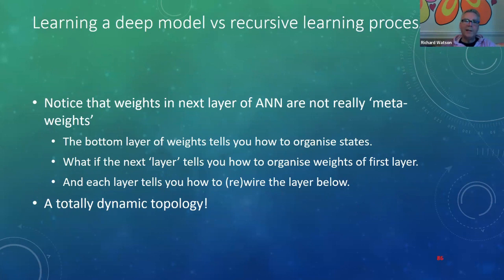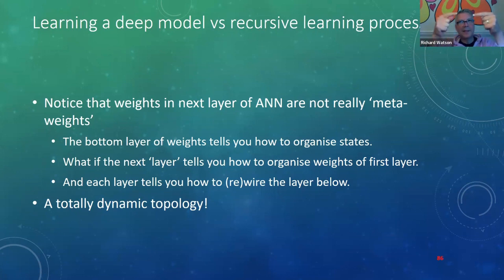Notice that the weights in each layer of an artificial neural network are not really meta weights. The bottom layer of weights tells you how to organize the input states, the input features, but the next layer doesn't tell you how to organize the weights of the first layer. It just does another fold on top of the outputs of the first layer.